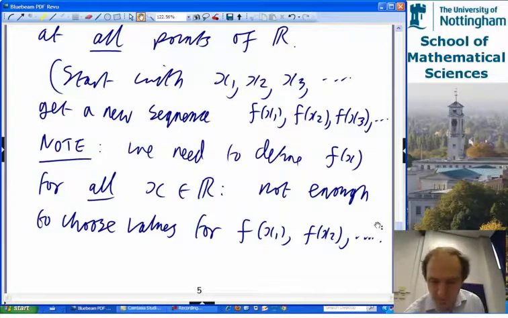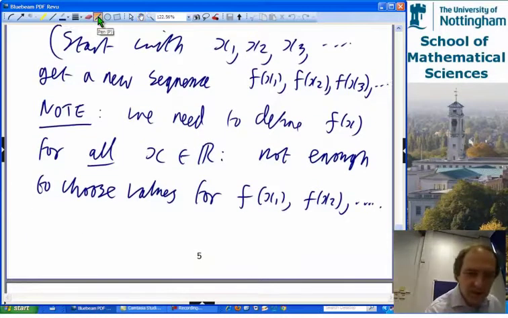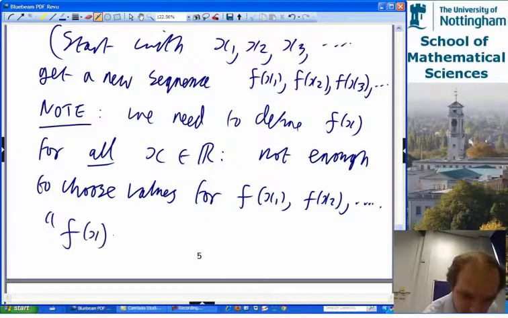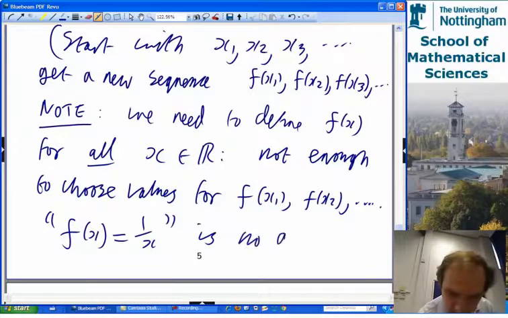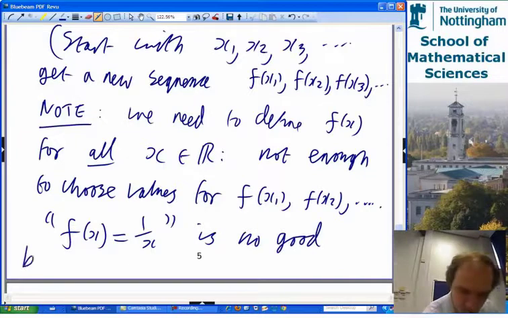I'll note that f of x equals 1 over x is not valid. It's no good, because f of 0 is undefined.